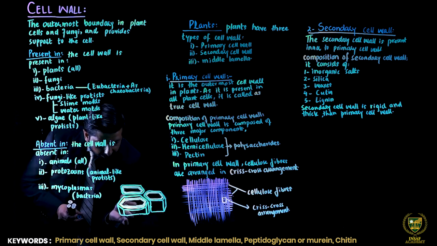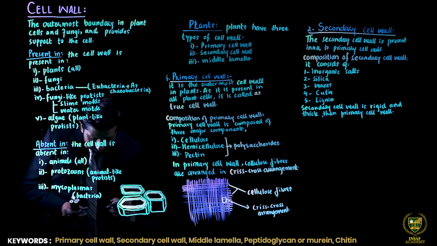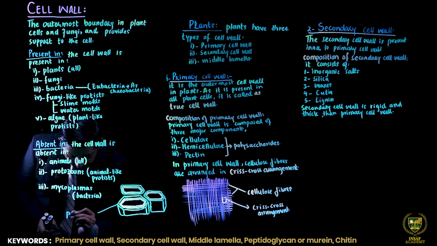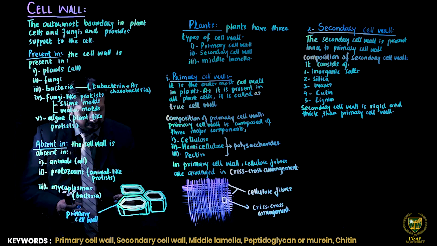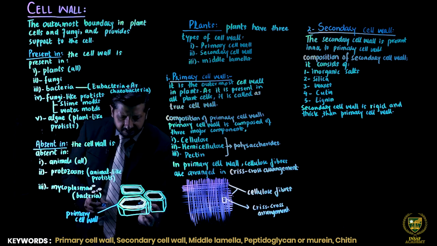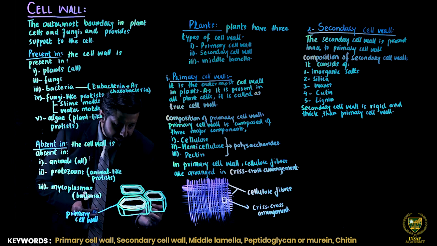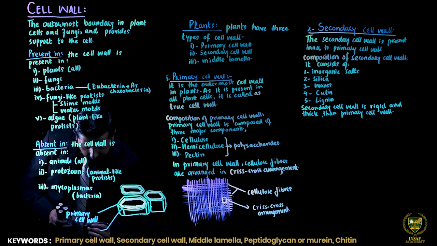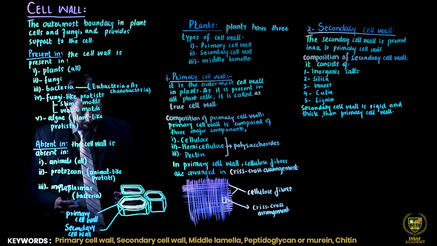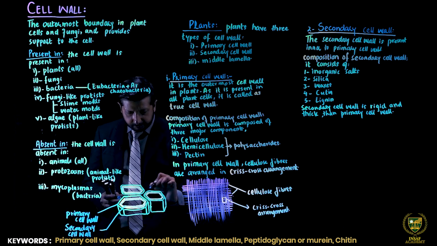So this green boundary around all of these three, that is the primary cell wall. That is the primary cell wall. And inside this yellowish orange boundary, this one, that is actually the secondary cell wall. Clear? यहाँ पर भी this is all secondary.